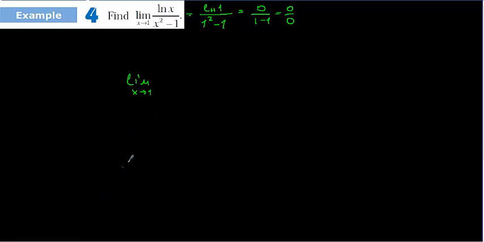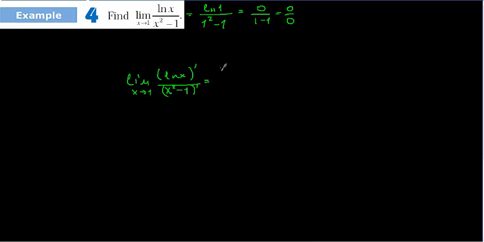We have to use L'Hopital rule, and it's going to be equal to the derivative of ln x over the derivative of x squared minus 1. If you remember, the derivative of ln x is equal to 1 over x, and the derivative of x squared is equal to 2x. Pardon, these are all with limit.